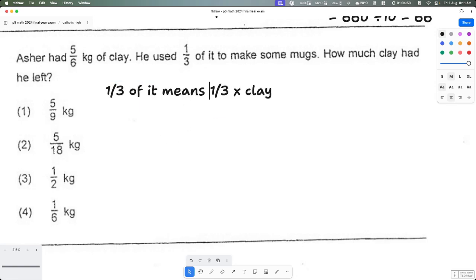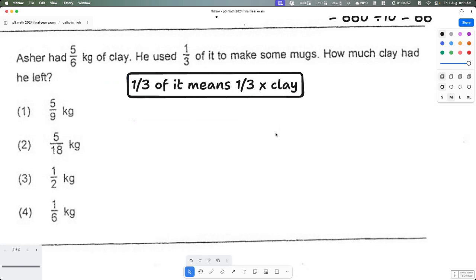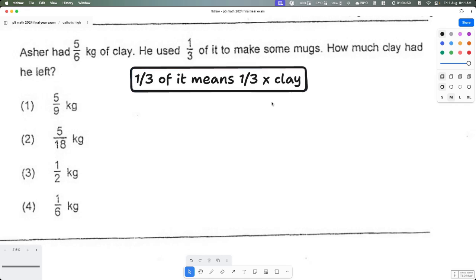So 1 over 3 means this. I'm just going to draw a rectangle for this. We need to multiply, so I'm going to put this as a fraction, as you see over here. One third is what he used, but what we want is how much he's left with.